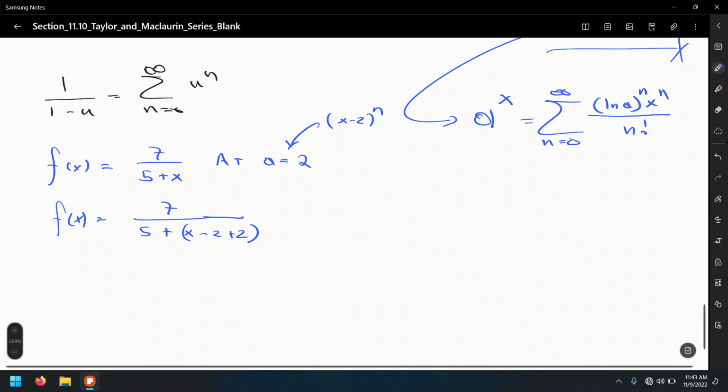Alright, so I'm going to group this. So that's 7 over 5 plus x minus 2, that's our u that we will turn into a power series, and let me write just these two outside, plus 2. Combine them together, 5 plus 2, that's a 7.